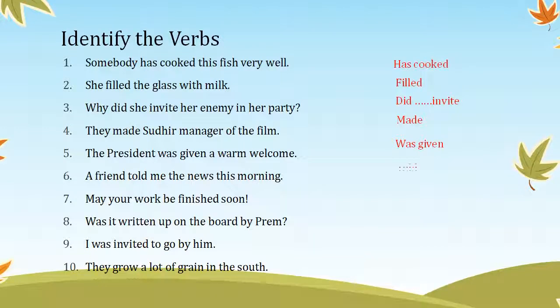Number 6, told. Number 7, may be finished. Try to understand: may also, be also, finished. Number 8, was written. Number 9, was invited. Number 10, grow. These are the verbs.